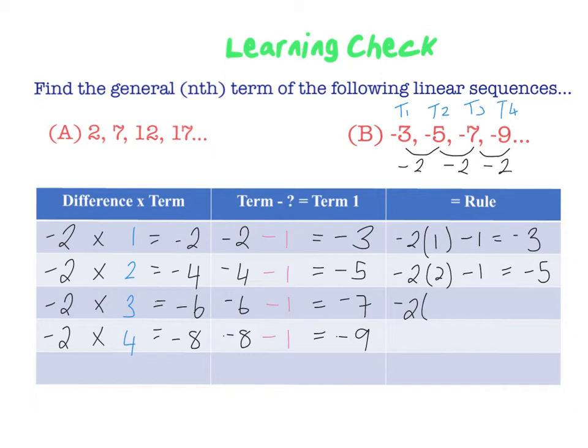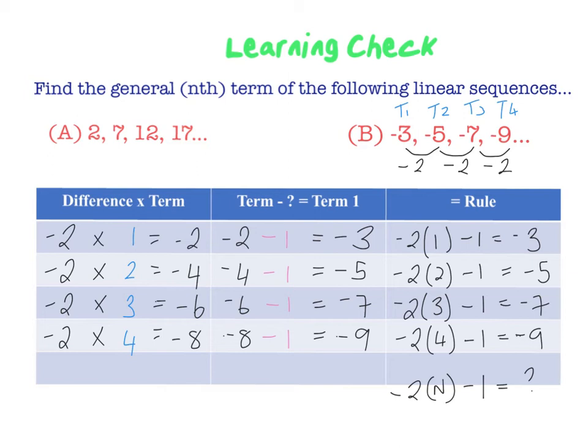Minus 2 times the third term, minus 1 gives me minus 7. For T of 4, minus 2 times 4, I want the fourth term, take away 1 gives me minus 9. So that's our rule. Minus 2 times n, so whatever the term you're looking for is, minus 1 will give you what that term is.